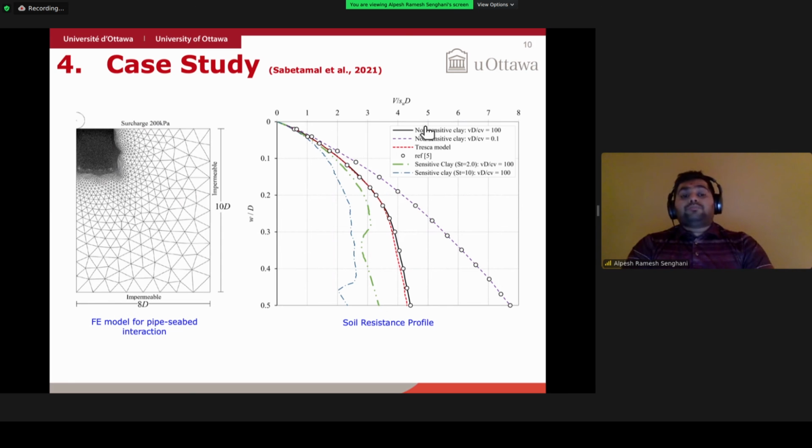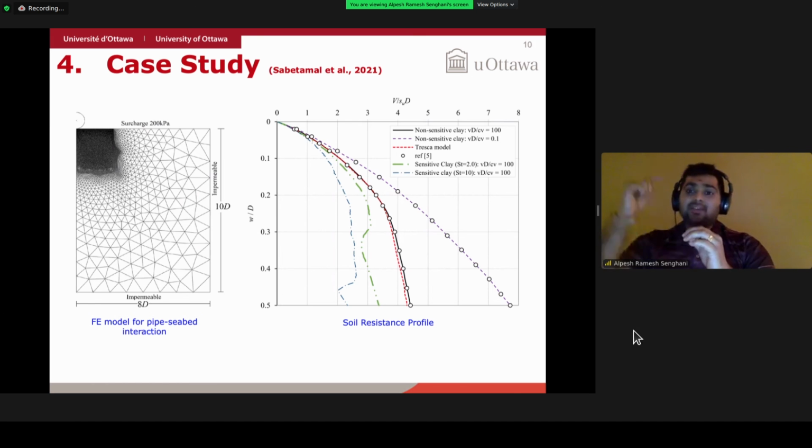Now, the main reason for the researchers to use this numerical modeling method, and to verify their result with another researcher who has already done this research but not using this versatile method, was because of the way sensitive clay is, because of its plastic behavior. When it's intact, it's very strong.